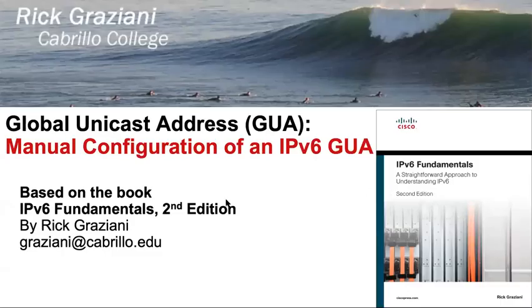All right, that's it for the manual configuration of IPv6. A lot more coming in the next couple of videos, and then we'll even talk more about global unicast addresses in later chapters.